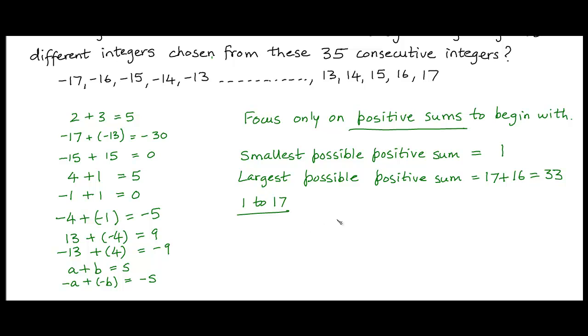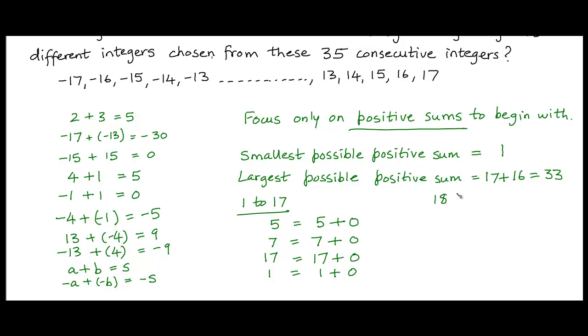How do we do that? Well, we simply pick this number from the given set along with 0. So, for example, we can generate 5 by picking 5 and 0, 7 by picking 7 and 0, 17 by picking 17 and 0, and 1 by picking 1 and 0. So all the 17 numbers from 1 to 17 can be generated as positive sums.